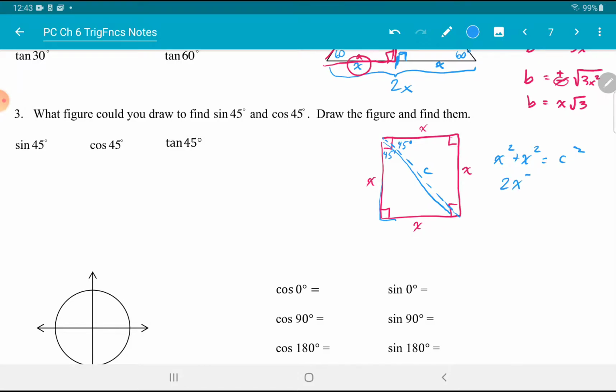So we get 2x squared is equal to c squared, or c is equal to the square root of 2x squared, or simplifying that, c is equal to x root 2. So this is the length of x root 2. Again, with these three measurements, given a 45, 45, 90-degree triangle, go ahead and find sine 45, cosine 45, and tangent 45.